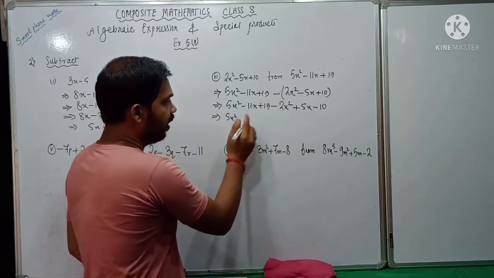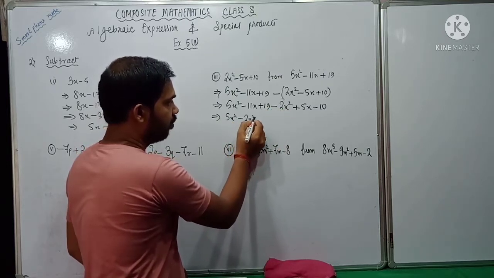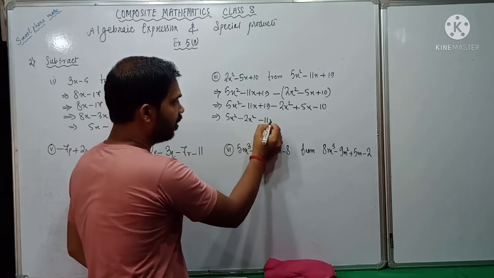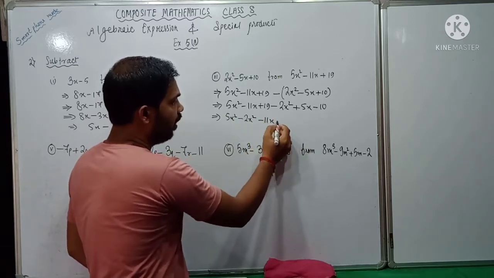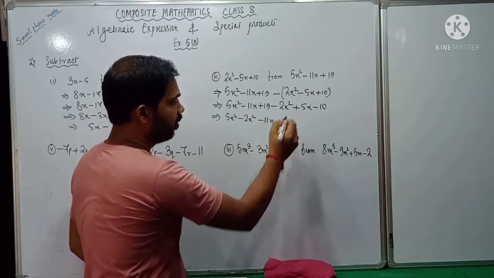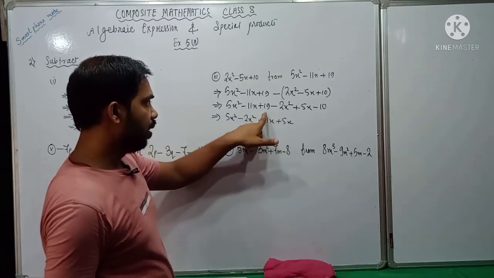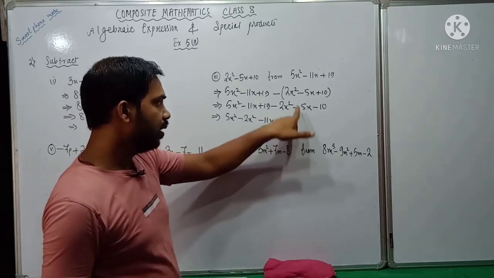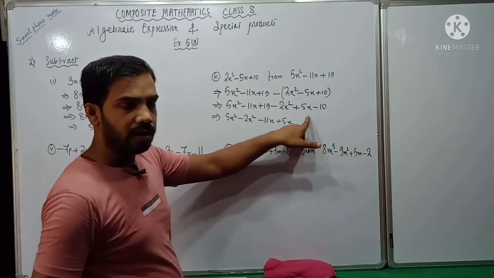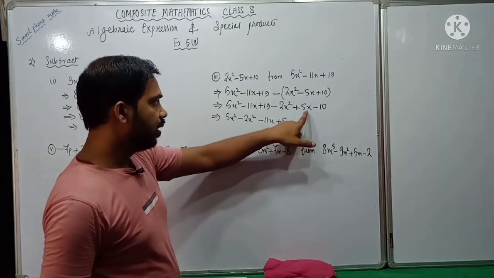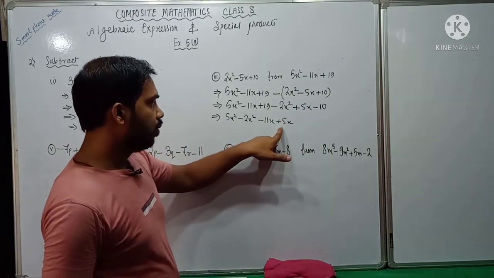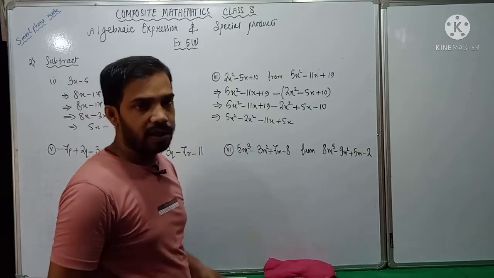Since there is a minus sign, it will be minus 2x square. Then I will bring minus 11x and 5x will be with 11x. So you always take the sign along with this term so that you do not get confused with the sign.